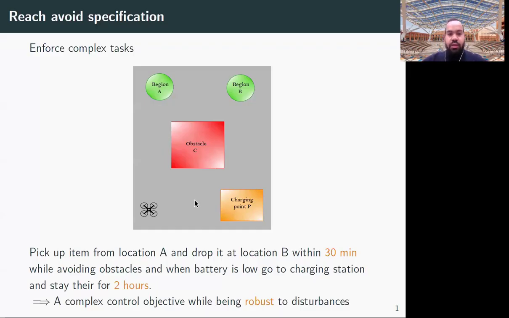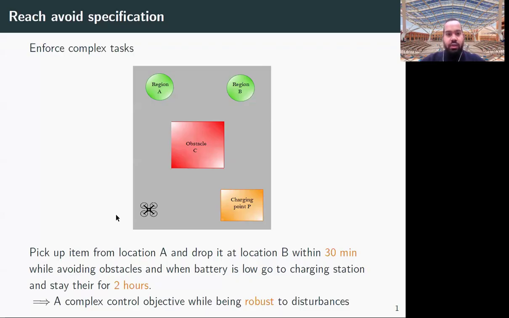And through all of this, the drone should choose trajectories that do not go to this red region C. So it should avoid this region. This is an example of a complex specification that our dynamical system should satisfy.